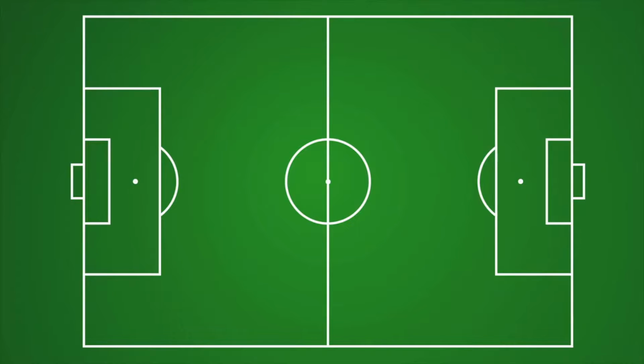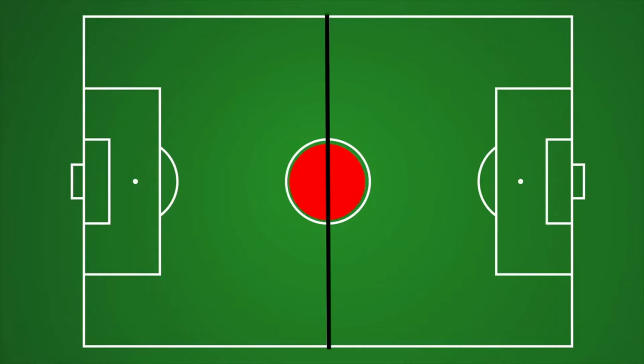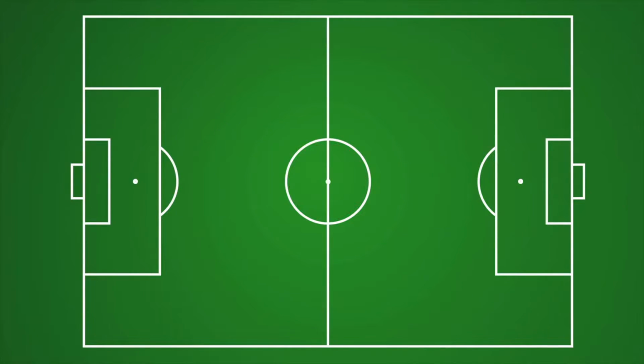In the middle of the pitch, there is a full circle. It is divided by the halfway line, which acts as a diameter. Also, on the corner flags, there is a quarter circle which represents a 90-degree angle.